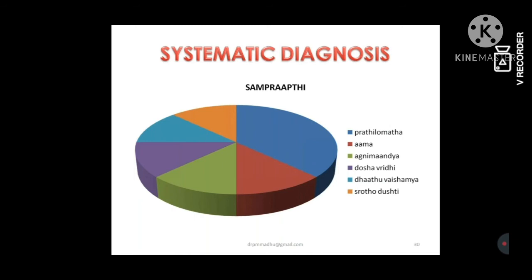If the patient says my bowel motion is okay, I am not having fullness of abdomen, then we will consider the patient is not having Prathilomatha, he is having Anilomatha. That is a wrong consideration. That is not the assessment of Prathilomatha.